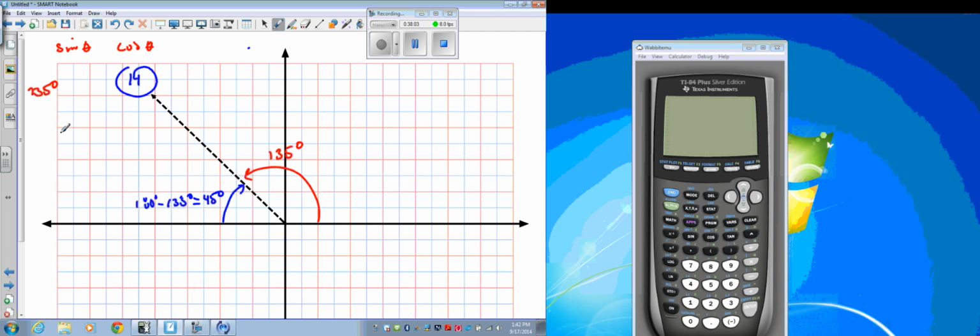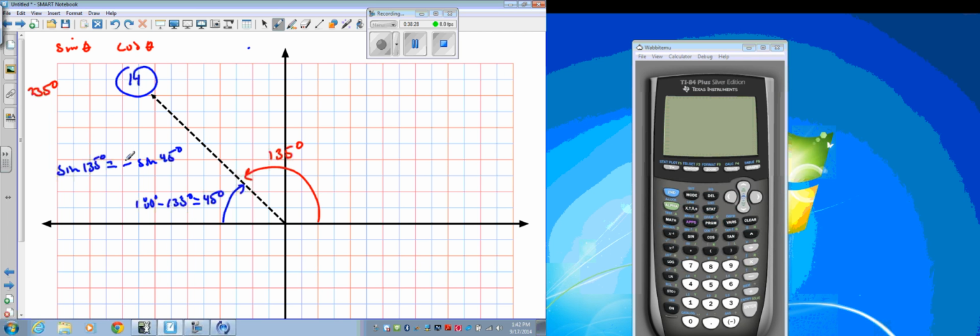Now then, I'm going to do sine. So sine of 135 degrees equals the sine of 45 degrees with what plus or minus out in front? Plus, because the y value is plus in that quadrant.